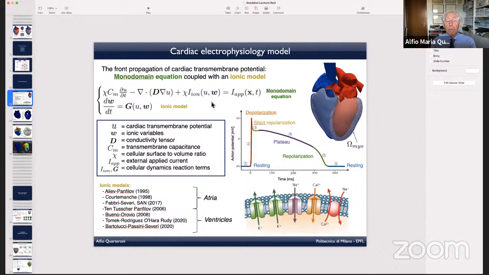And in that case, we completely neglect the electrophysiology component. So as you see, we can tune the complexity or the easiness of our models depending upon the type of observation that you want to make. But most often we use the monodomain equation, even though we have the bidomain equations.